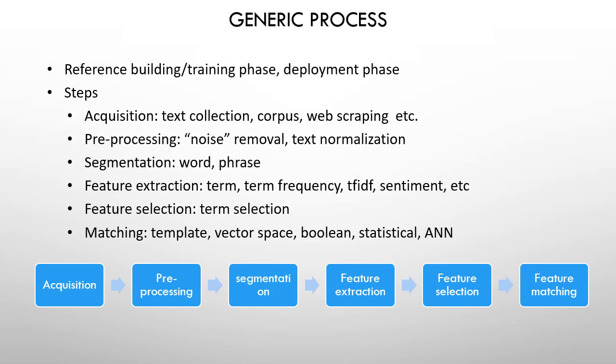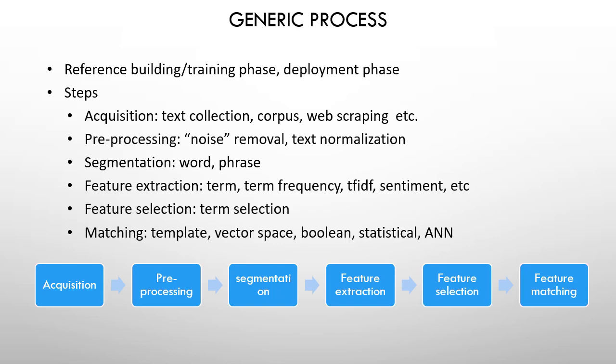One is the reference building, or database building, or training phase. The second part is the deployment phase, which for information retrieval is often known as the information retrieval phase.